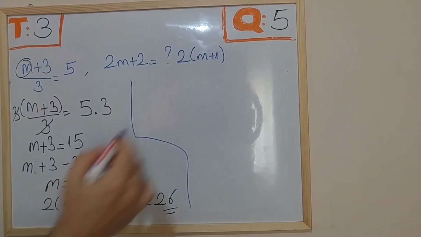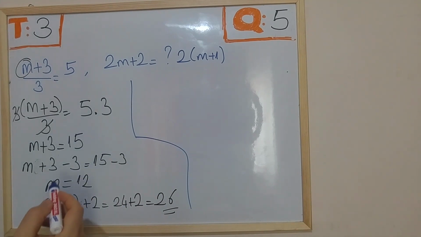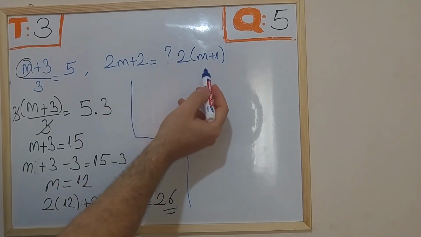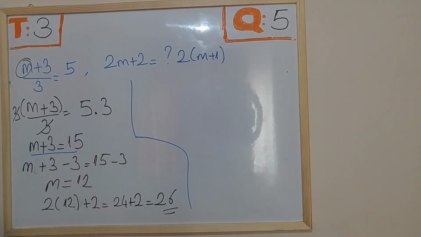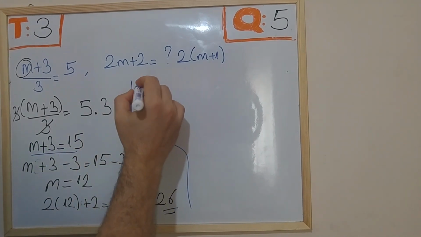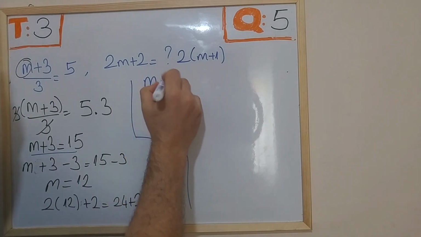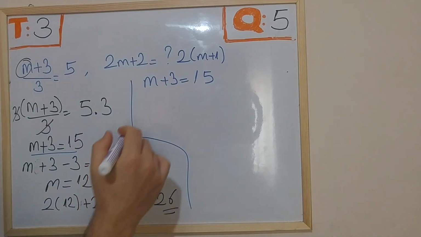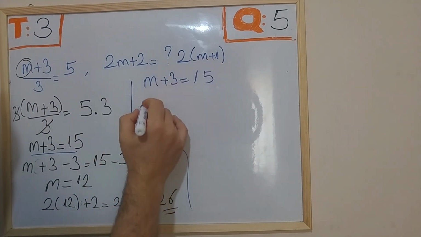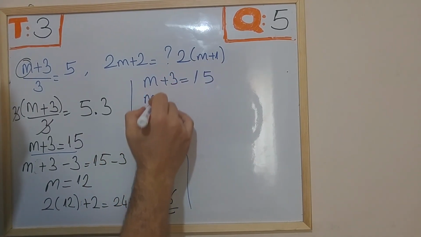Therefore, we need to find out m plus 1 first, and then we multiply it by 2. Since we had seen that m plus 3 is equal to 15, we can do it from there. To find m plus 1, what we should do is subtract 2.